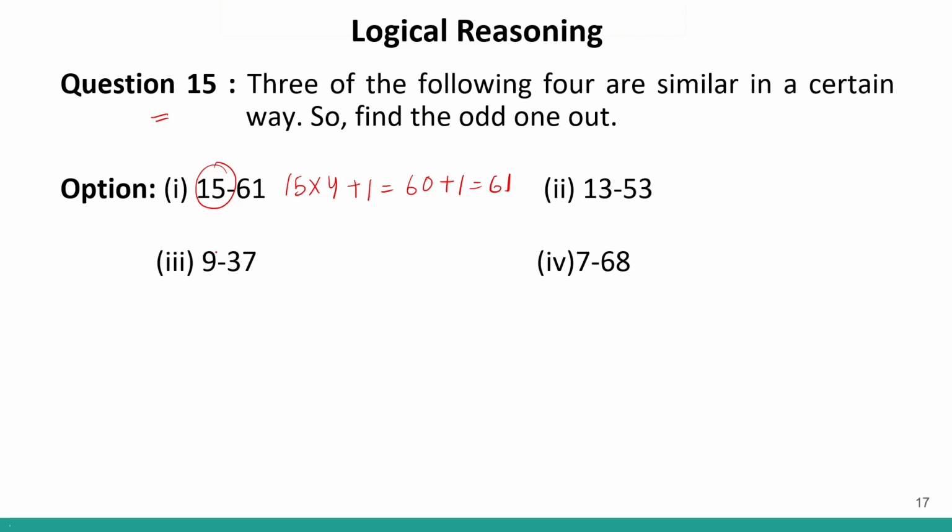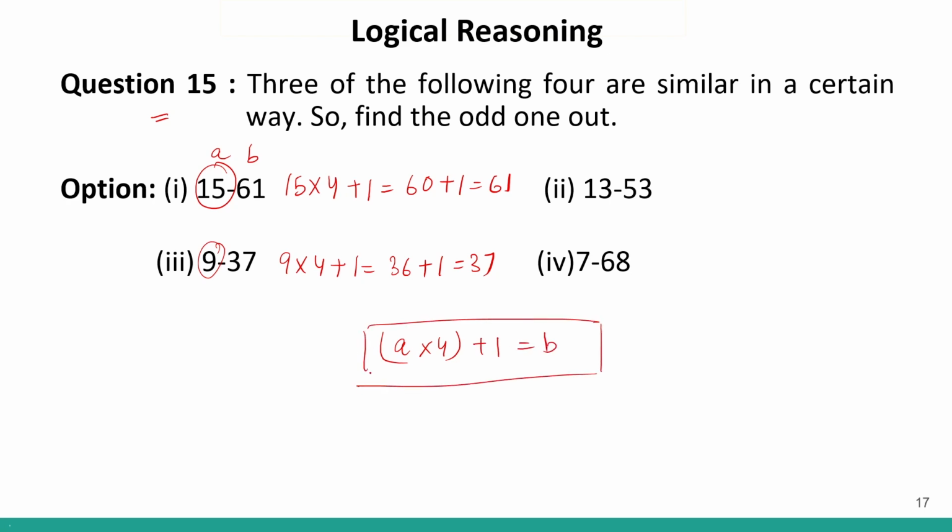If I look over here, 9, I can say 9 into 4 plus 1. So 9 into 4 will be how much? It will be 36 plus 1 will give me 37. Okay, so if this is A, this is B, basically A into 4 plus 1 is giving me B. This is the logic that I have found in option number 1 and option number 3.